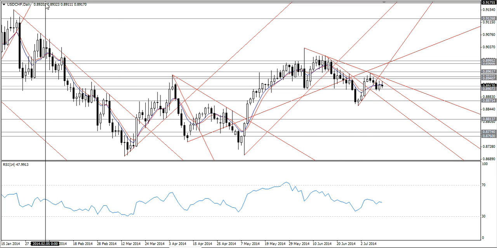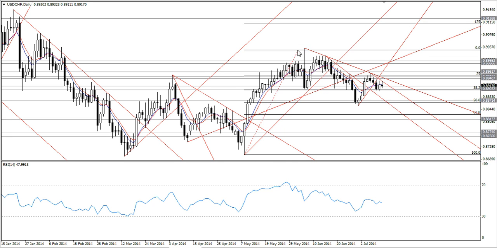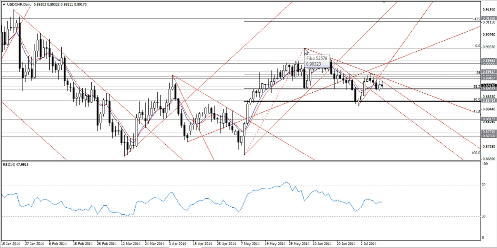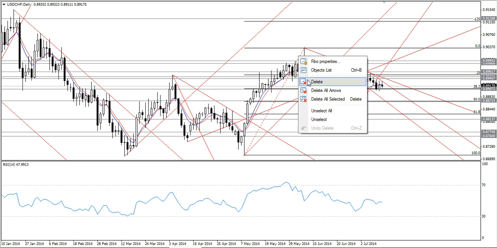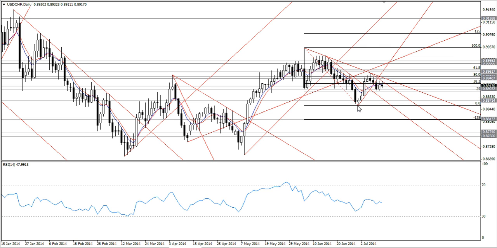Also, you can give yourself a Fibonacci from the highs and lows that we have from this point to this point. So we're at the 382, we've already been to the 50. We don't want to keep revisiting those, because that usually means it's going to bust through them, especially when the long-term trend has been to the short side for so long.